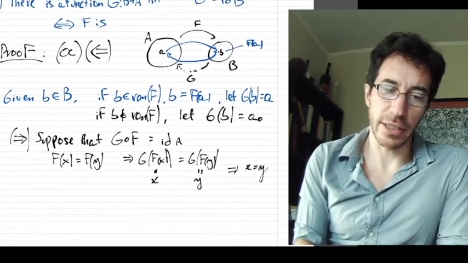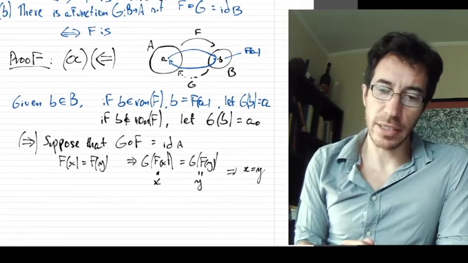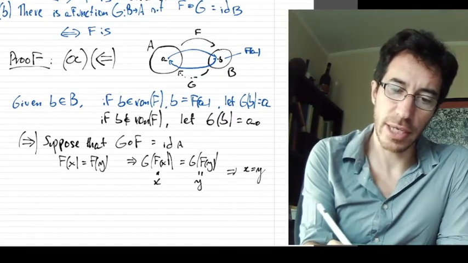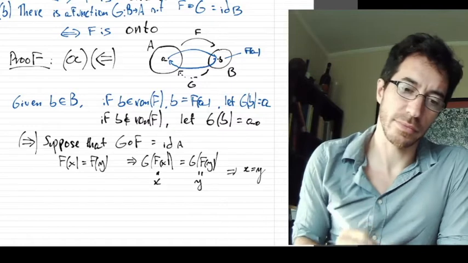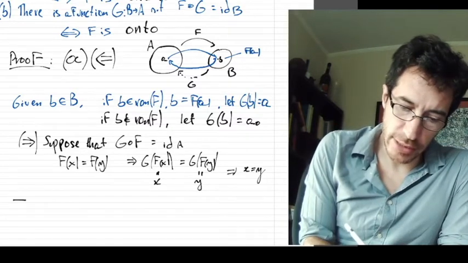What about the other case? In the other case, what we need is F to be, you guys can guess it, onto. That's what we need. Why is that? Let's do the easy direction first.